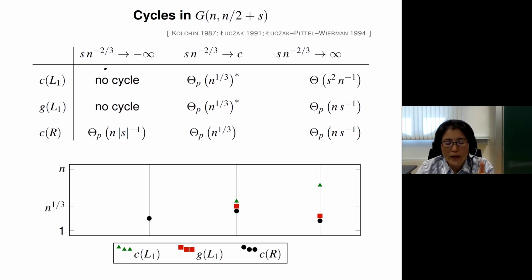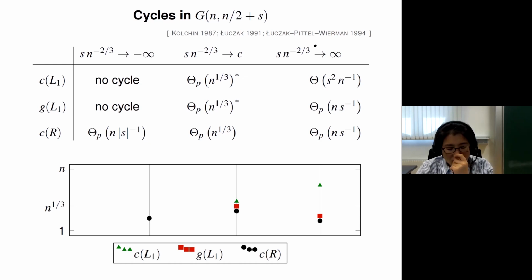We call it the weakly subcritical regime. Or in the critical phase, when s times n to the minus 2/3 tends to a constant, negative, 0, positive, doesn't matter, it's constant. Or the weakly supercritical regime, when s times n to the minus 2/3 tends to positive infinity. The most delicate and difficult part is often the weakly supercritical regime.